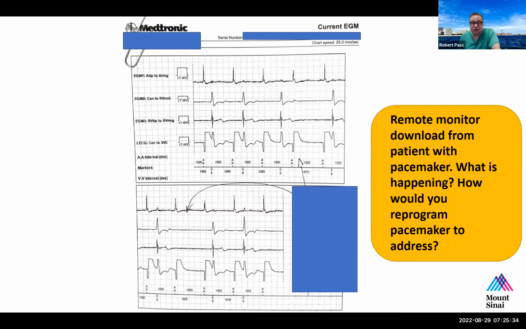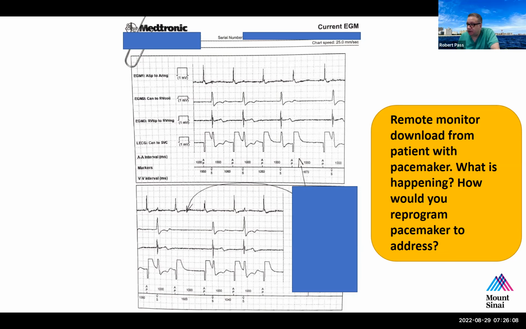But as David explained, there is this modality called minimized ventricular pacing, where the pacemaker is programmed in an AAI mode, pacing only the atrium, allowing for patient conduction. But if it sees more than one non-conducted beat, it will revert to DDD pacing, so that the patient has an adequate ventricular rate. Then after a period of time, it will go back to AAI if it senses that there is conduction.